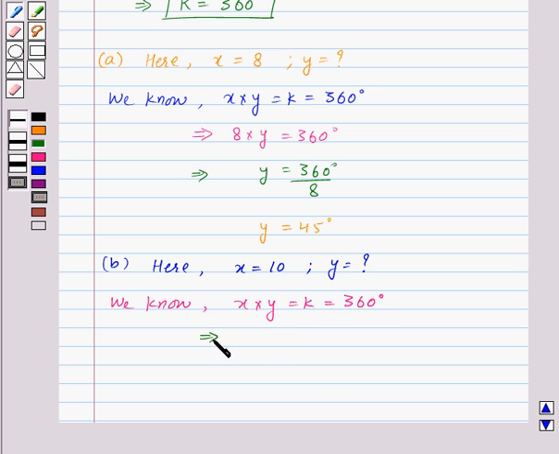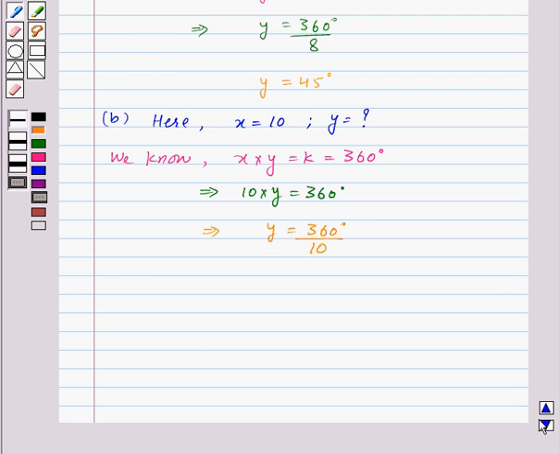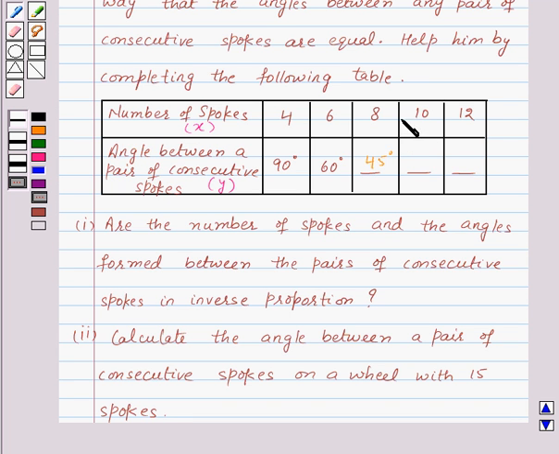This implies 10 into y is equal to 360 degrees. That is, y is equal to 360 degrees upon 10. This gives y is equal to 36 degrees. So here for x equal to 10, y is equal to 36 degrees.